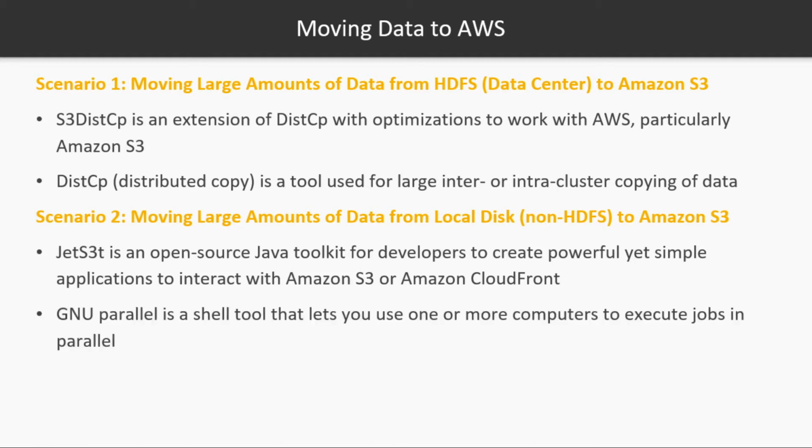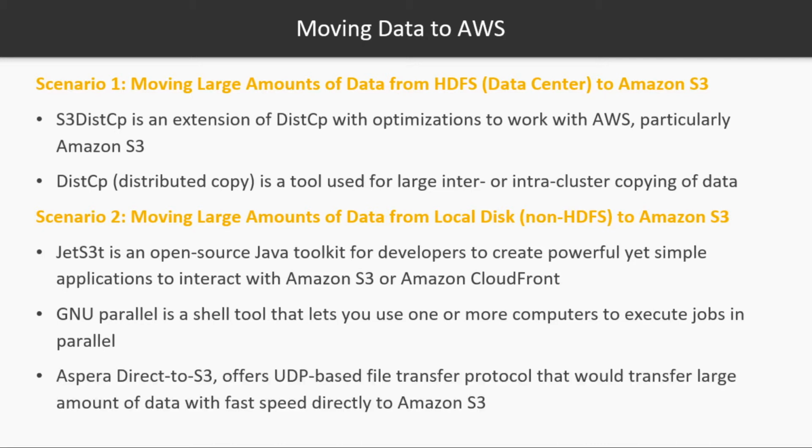GNU Parallel is a shell tool that lets you use one or more computers to execute jobs in parallel. GNU Parallel runs a job, which can be a single command or a small script, for each of the lines in the input. Using GNU Parallel, you can parallelize the process of uploading multiple files by opening multiple threads simultaneously. In general, you should open as many parallel upload threads as possible to use most of the available bandwidth.